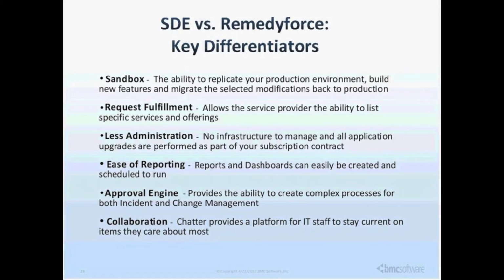The second differentiator would be request fulfillment. So we heard Serena talk about a shopping cart capability earlier, and that's essentially what we're talking about. I really see request fulfillment as a key differentiator from the sense that this allows you as a service provider to identify the services that you provide and put them in an interface that customers can very easily access and request.